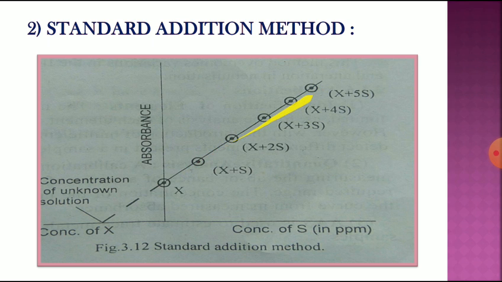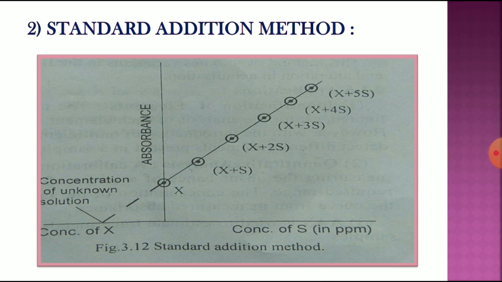After this, when we extrapolate this line, it reaches the x-axis. Then we will get the concentration of the unknown sample solution on this x-axis, right? So this is the standard addition method.